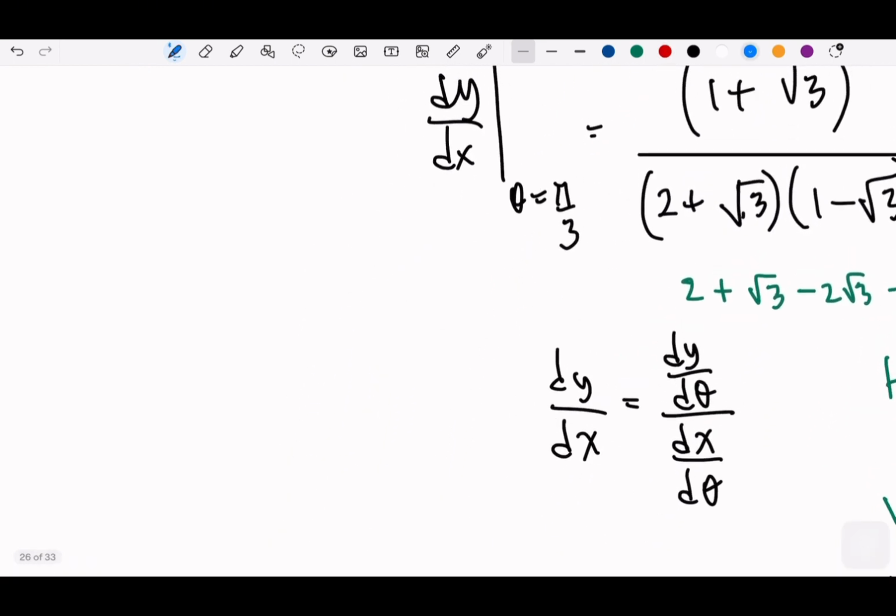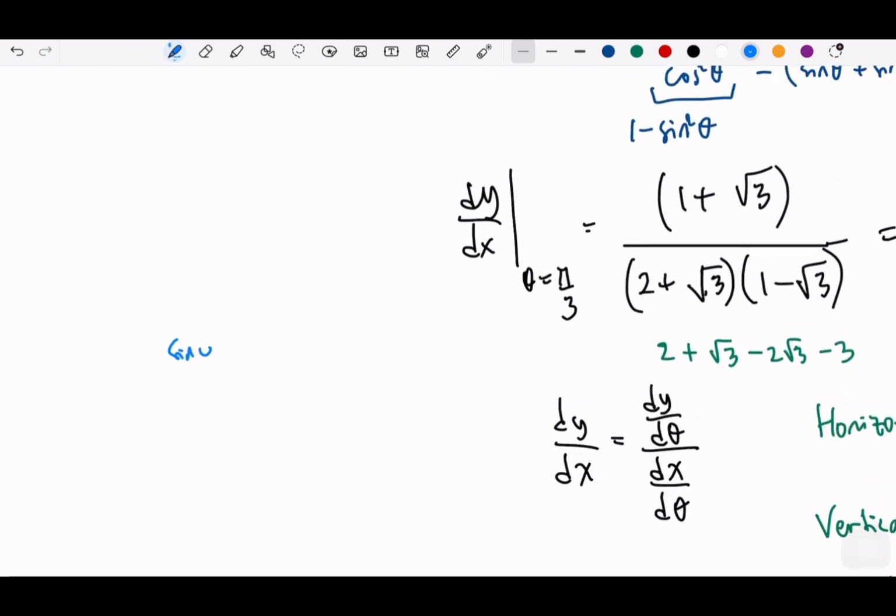So let's say since at theta equal 3 over 2 pi, dy d theta is 0, dx d theta is 0, then the dy dx, we can try to take the limit as theta approaches 3 over 2 pi, let's say from the left.